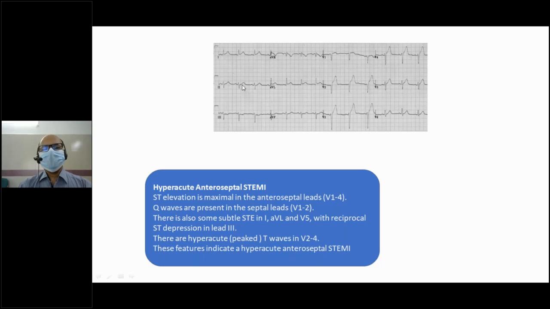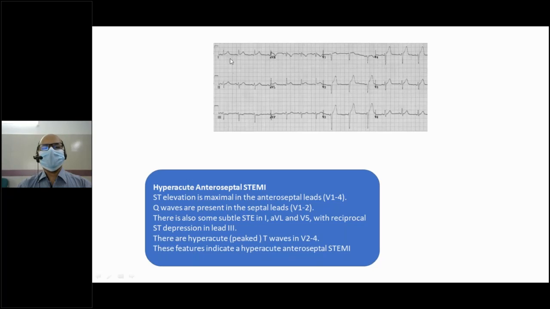When the ST segment is elevated above the line, in limb leads at least 1 millimeter or more is significant, and in chest leads 2 millimeters or more is significant. That is called ST elevation. When the ST segment is below the isoelectric line, that is called ST segment depression for that region.